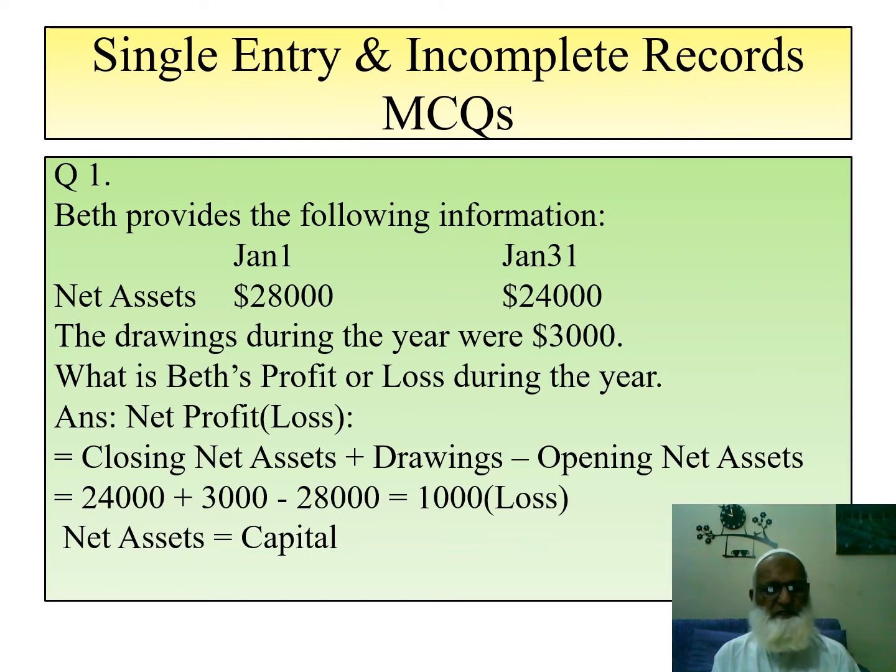Closing net assets is 24,000 plus drawings, that is $3,000, and minus opening net assets, that is $28,000, will give us a net loss of $1,000. Now we go to the next slide.